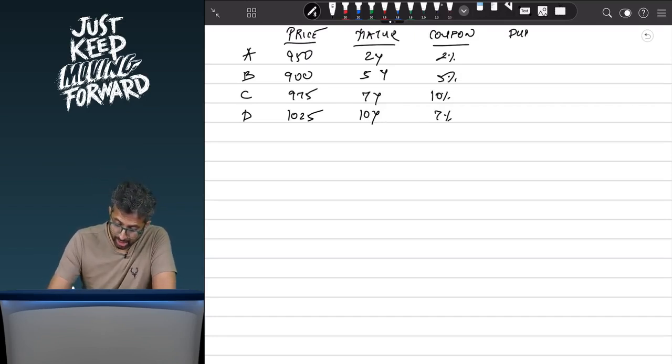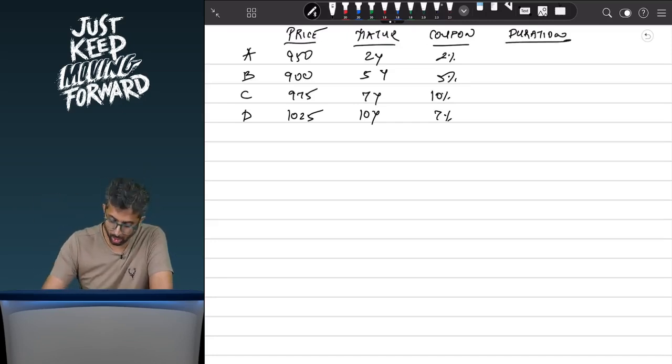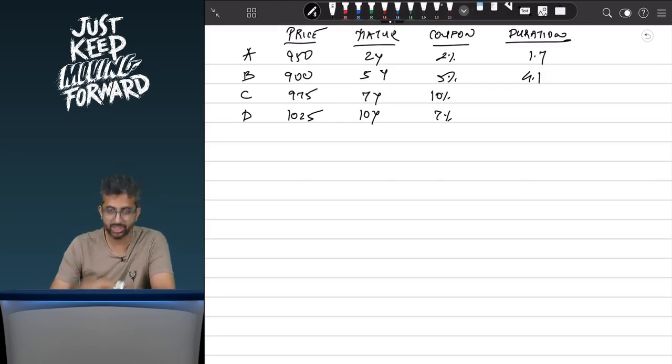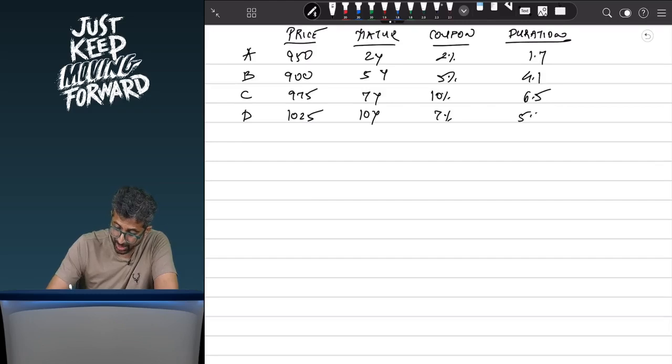And then there is a duration that you have calculated. Macaulay duration, modified duration, whatever it is. Let us say this duration is around 1.7, this duration is around 4.1, this duration is around, let's say, 5.5, this duration is around 6.5, this is around 5.2.